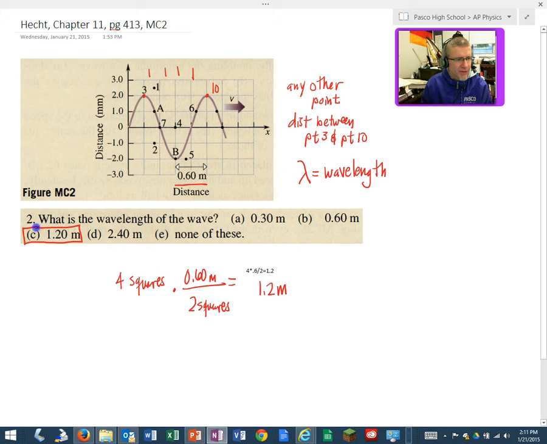Some of these other choices are tantalizing. Half or a quarter of a wavelength, 1 square would be this, 2 squares would be this, and you might think that that's a pretty good distance, but that's a half wavelength, because from this point to point 10, the wave is not doing a complete cycle.